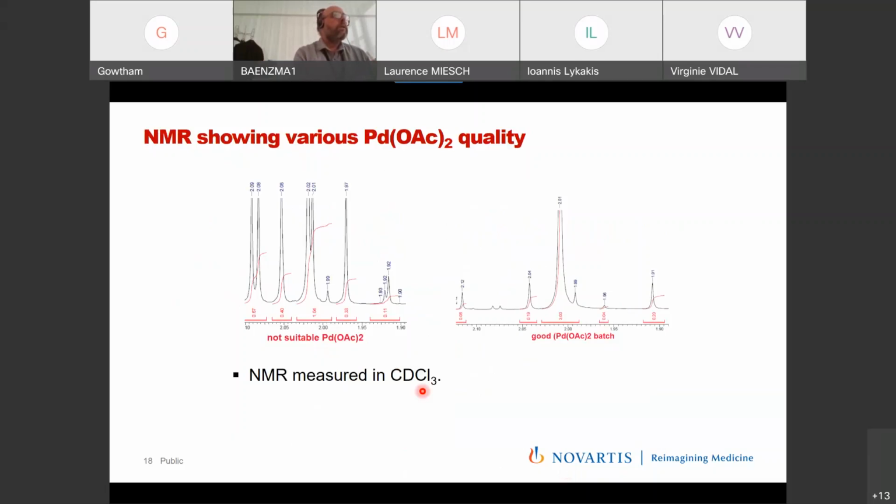On the left-hand side, you see palladium acetate which was not suitable for this reaction. In the methyl region, you see a lot of peaks, whereas this one is a good batch of palladium acetate. You see mainly only one signal here at about 2 ppm of the methyl group of the acetate.